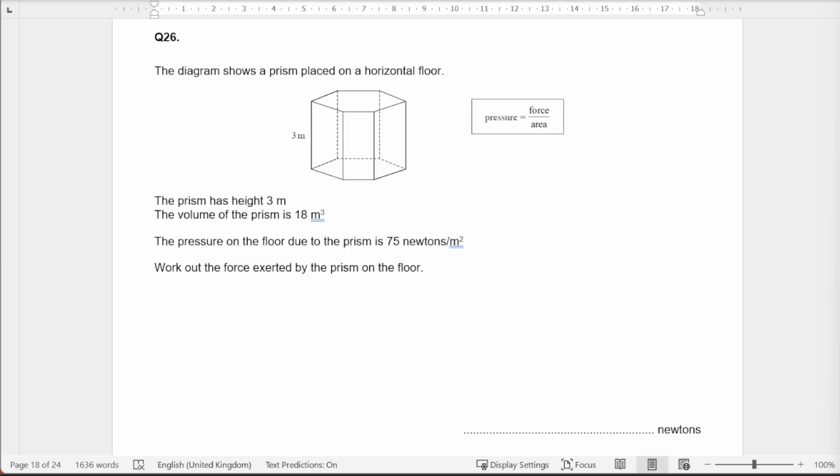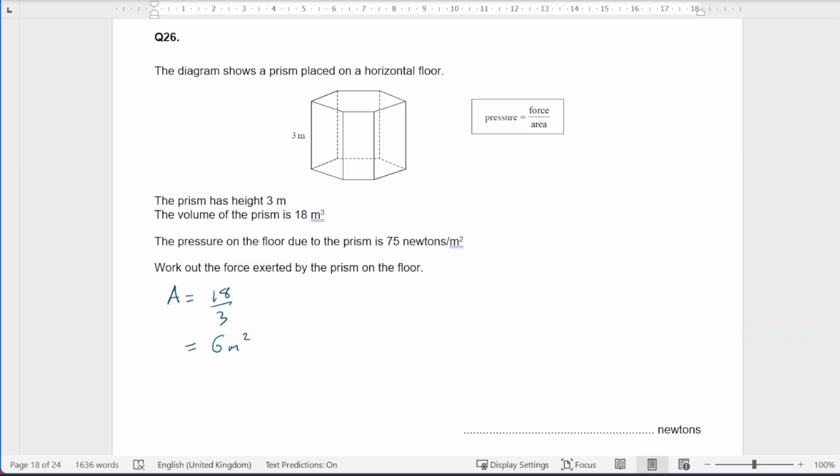Okay, so the prism has a height of 3, so the area of the bottom face is going to be equal to 18 divided by 3. The area of the hexagon would be 6 meters squared.